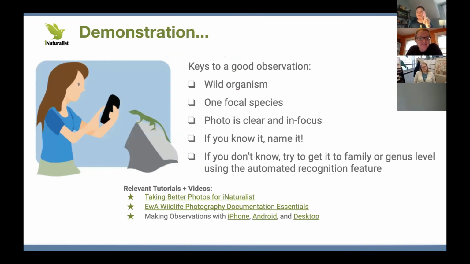So usually it's when we are in the field and we arrive at this little slide and we try it really live, right? What is important is to have really one species, so when you take a picture, try to focus on a single species.